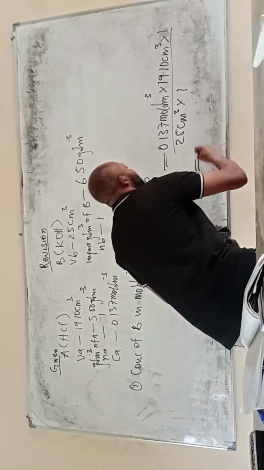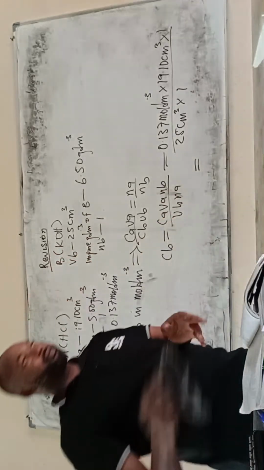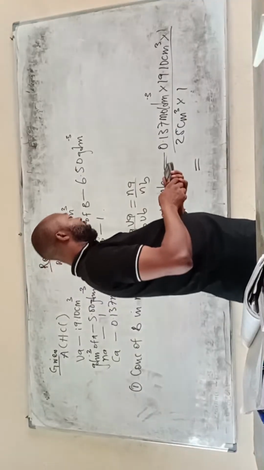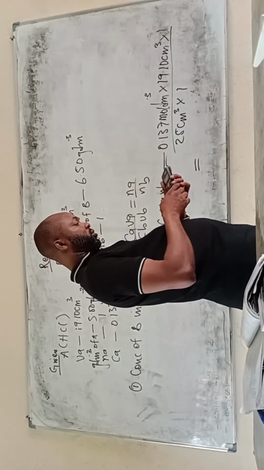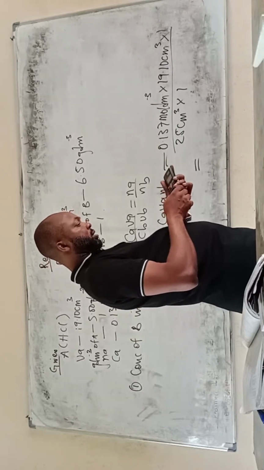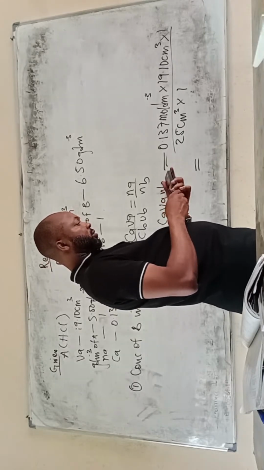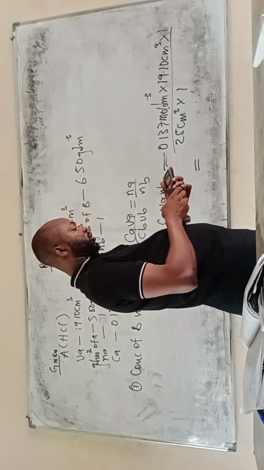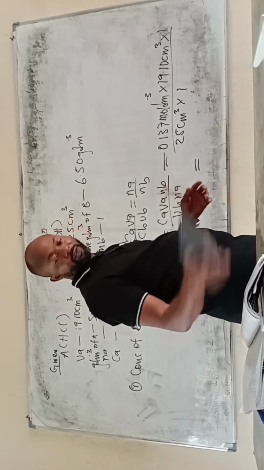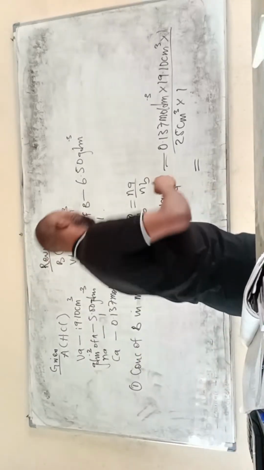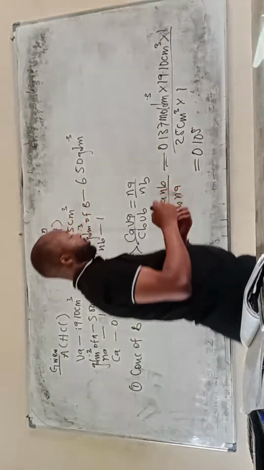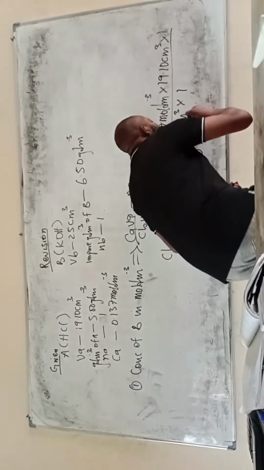And this is equal to 0.137 times 19.10 divided by 25, which is 0.105 mole per dm³.